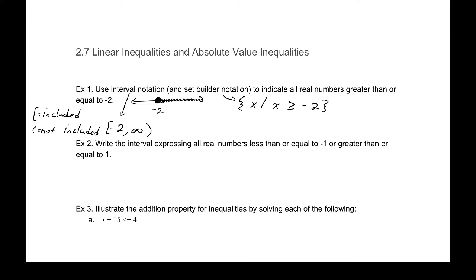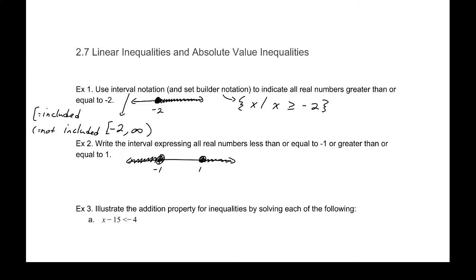Now, number 2, write the interval expressing all real numbers less than or equal to -1 or greater than or equal to 1. All right, well, I'm going to draw a graph for that again. Numbers that are less than or equal to -1, there's -1, or greater than or equal to 1.